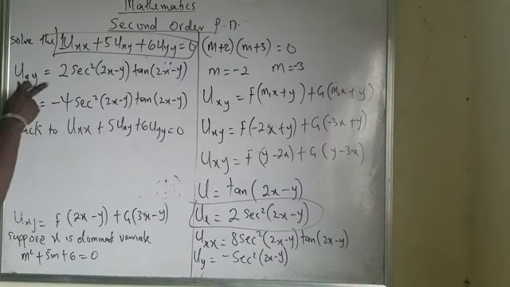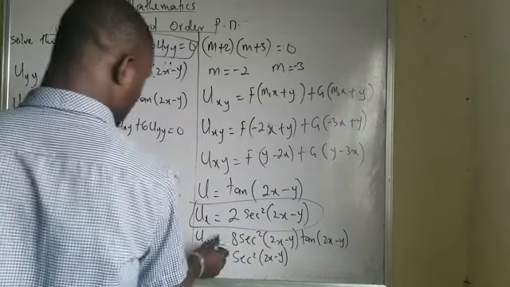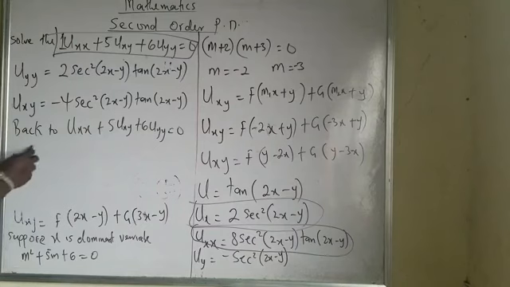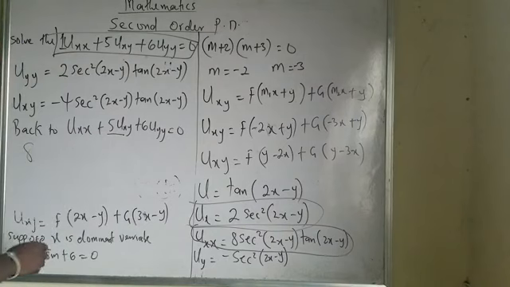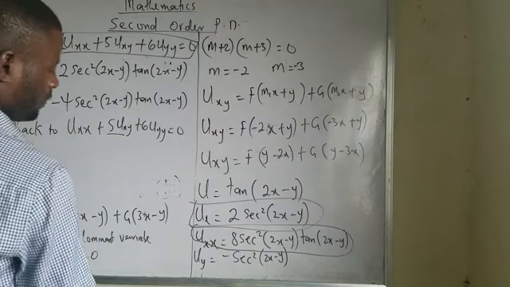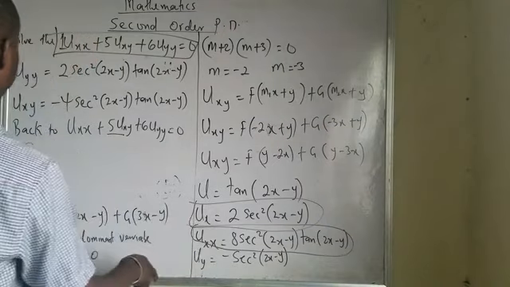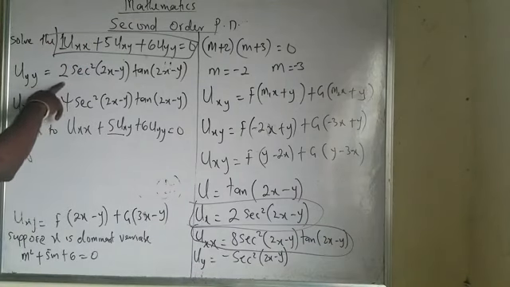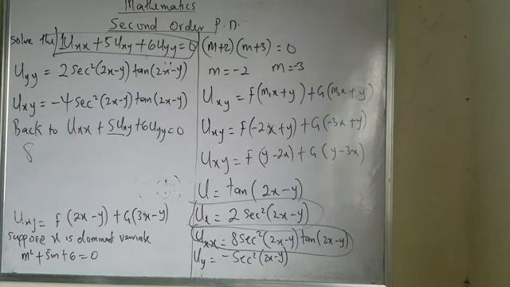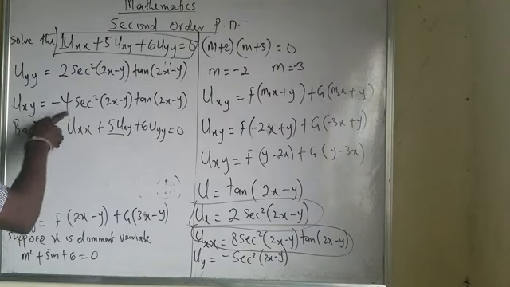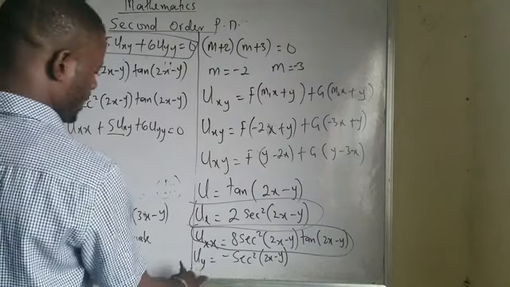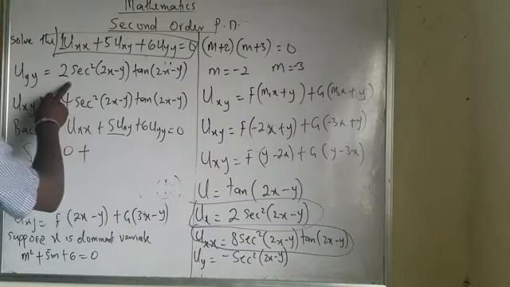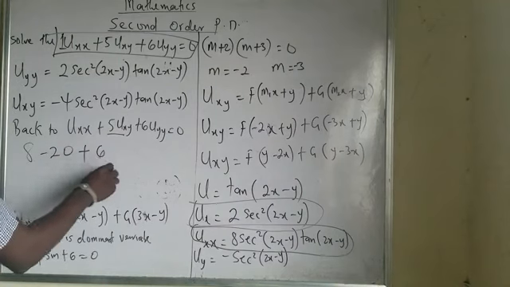They are all constant, so I'm having 8, and for u of xy it will be 4 times 5, which will be minus 20, and then plus 6 times 2, which is going to be 12. Equals 0.